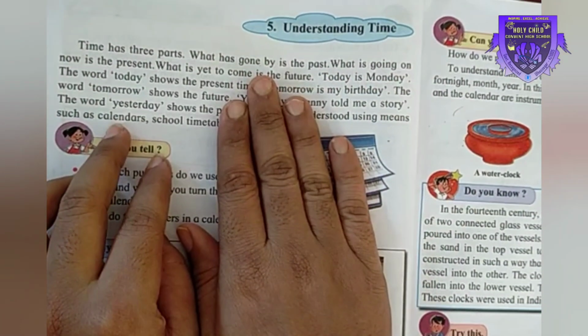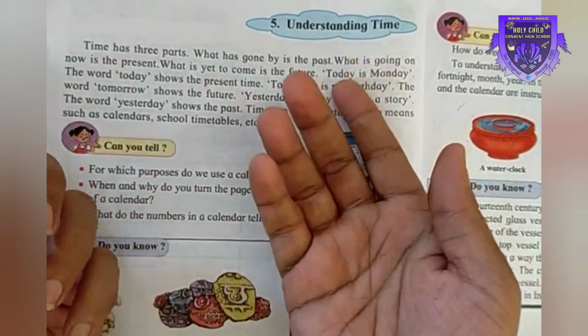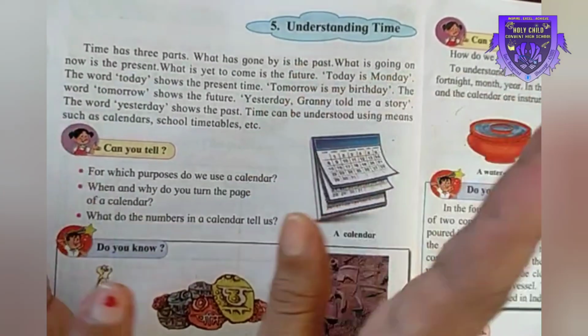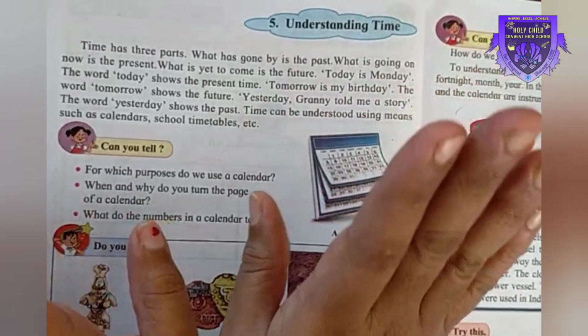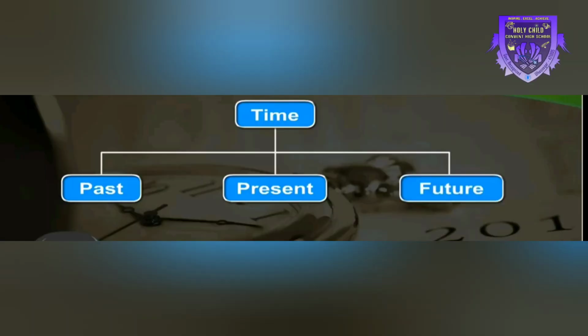Now today. Today, what is happening today is present. Present means जो अब चल रहा है. Example, if I say today is Wednesday. Today means present. And now last is future.